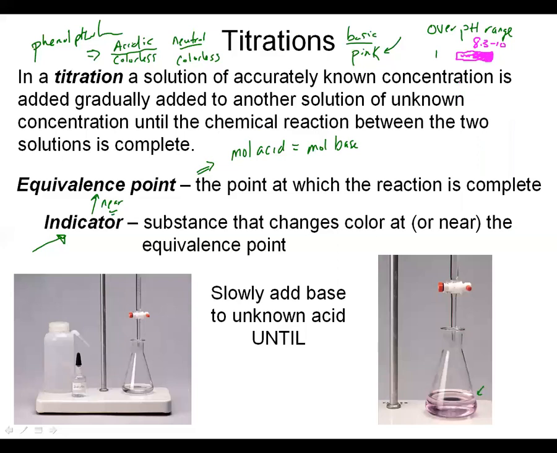And this is why, if you've ever done a titration before, which I'm assuming you have, they often will tell you when you use something like phenolphthalein, what you're looking for is the first pink color that stays.